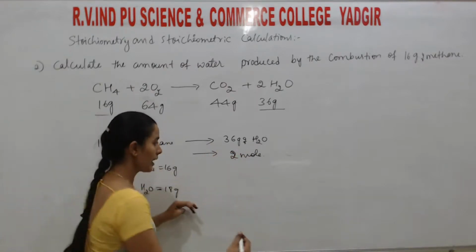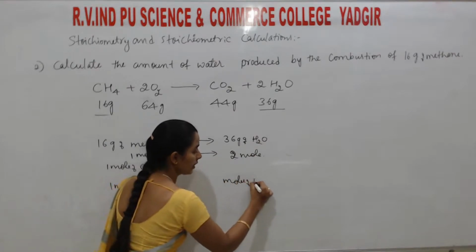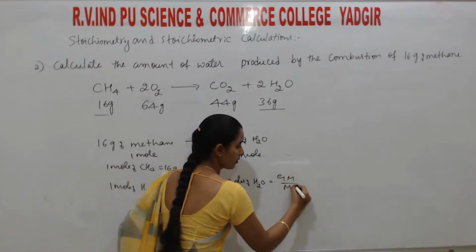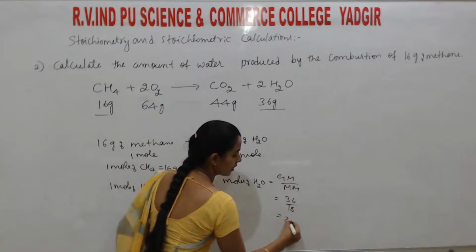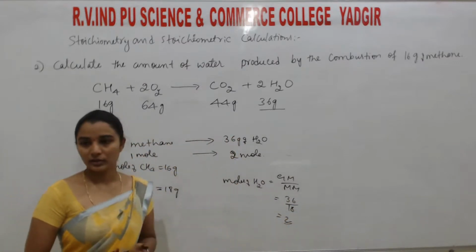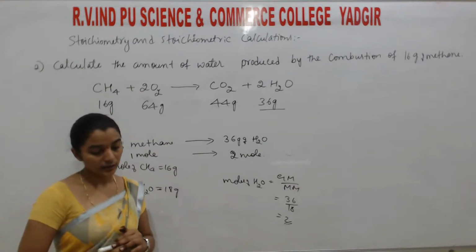You may easily calculate the moles of H2O as given mass divided by molecular mass. Given mass is 36, molecular mass is 18, that is 2. Whatever way you use, you will get the correct answer: 2 moles, and that means 36 gram.